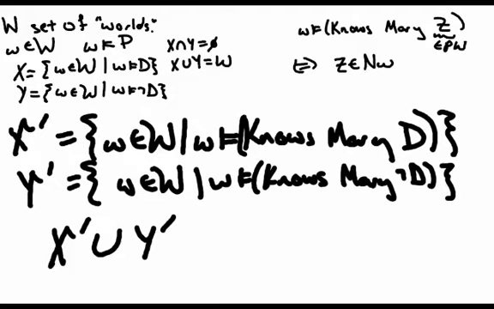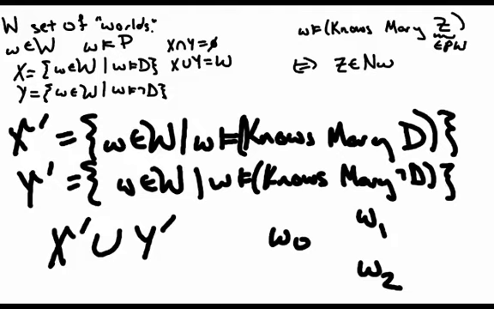So in a very simple case, you could say there's three worlds. I'll call them W0, W1, W2. And you could have Mary knows that the cat is dead in world 1. Mary knows the cat is not dead in world 2. And Mary doesn't know either in world 0.